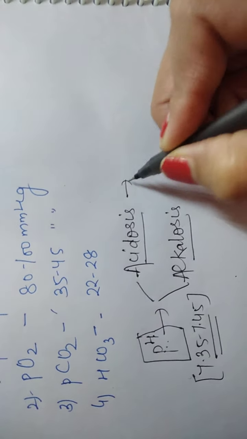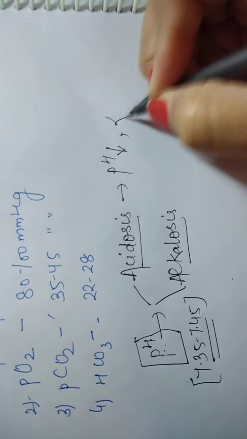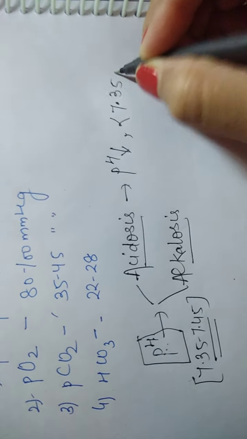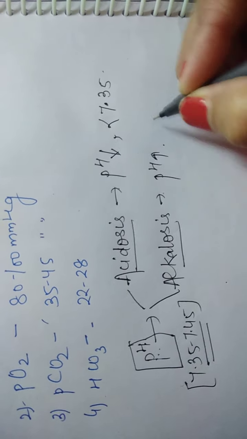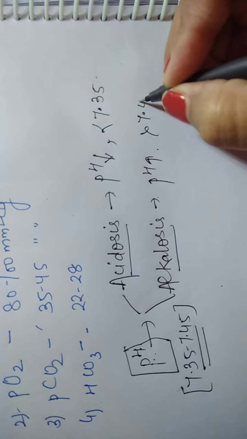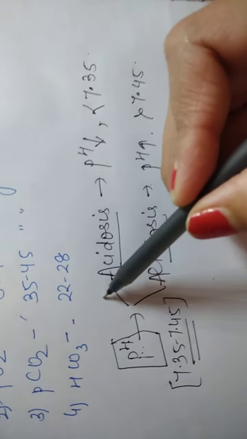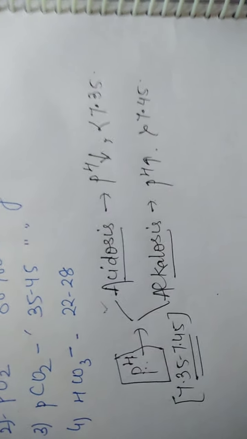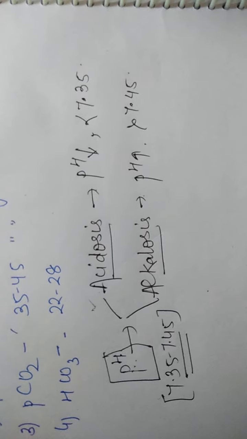When a person has acidosis, the pH is decreased, that is less than 7.35. Alkalosis means that the pH is increased, it will be more than 7.45. So, with the pH of the blood, we will identify whether the person is having acidosis or alkalosis. If pH decreases, acidosis; if pH increases, alkalosis.